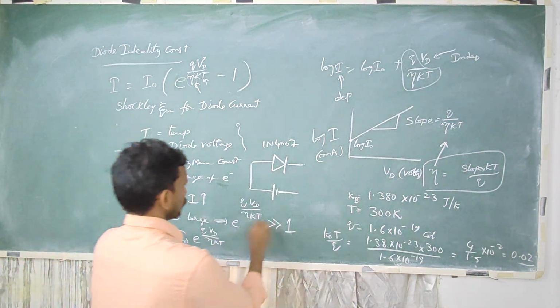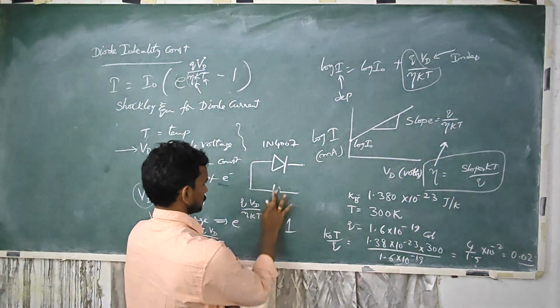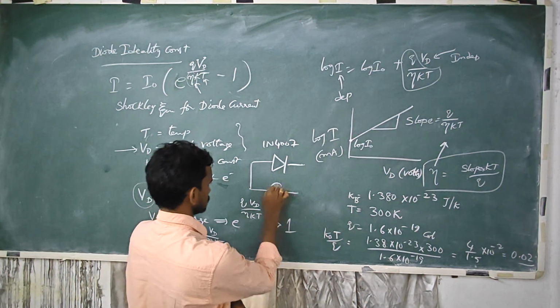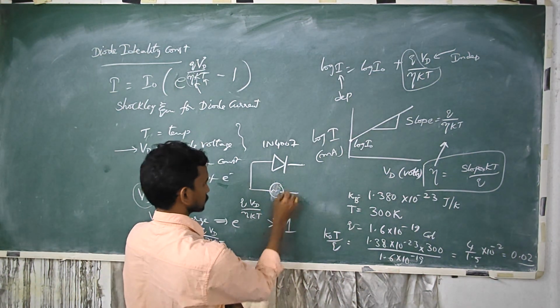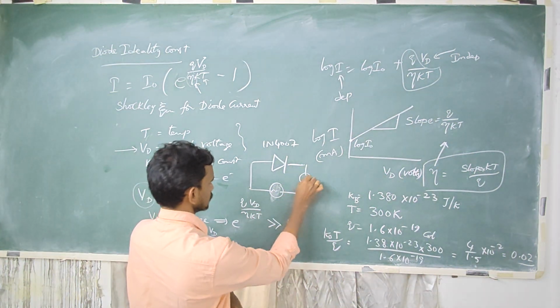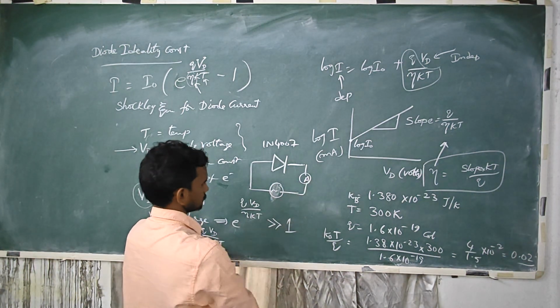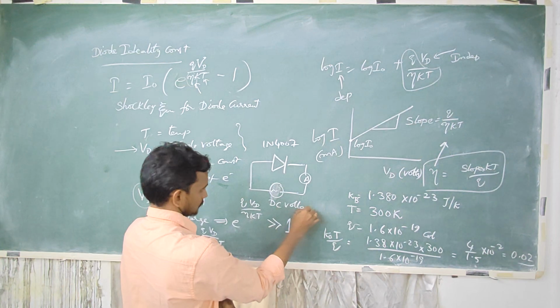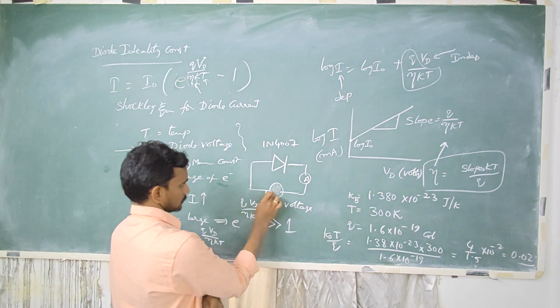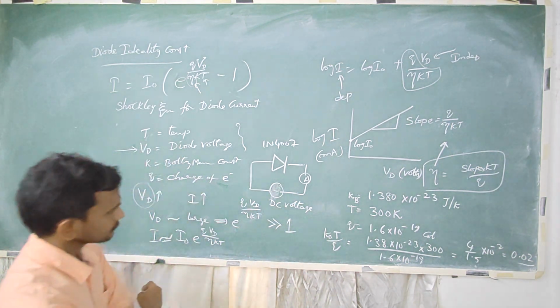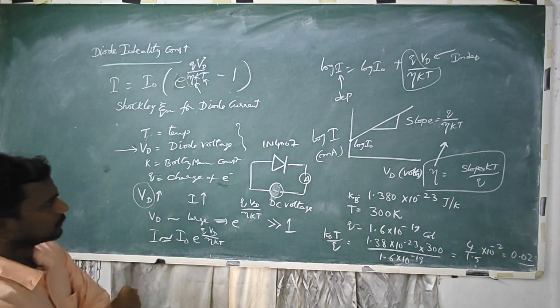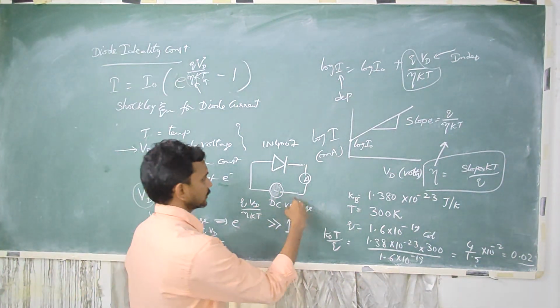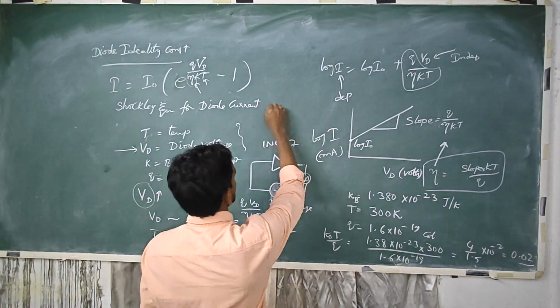You have to vary the voltage, maybe use a voltage generator here, and an ammeter. So DC voltage, so you have to vary the voltage and measure the current.